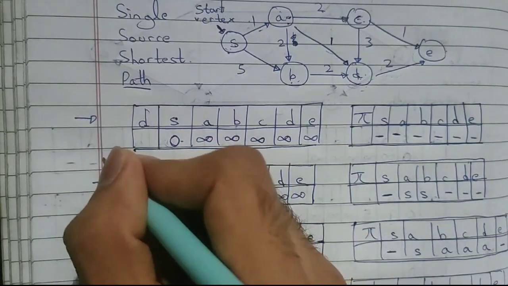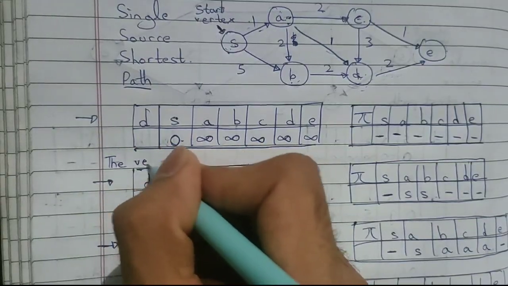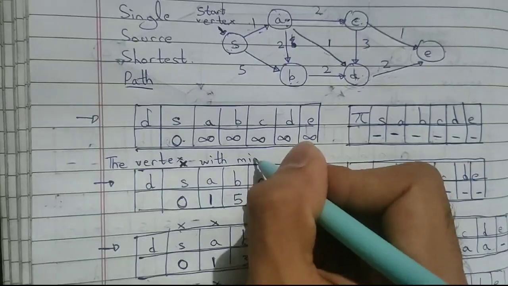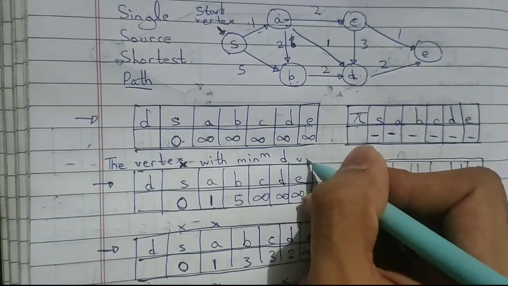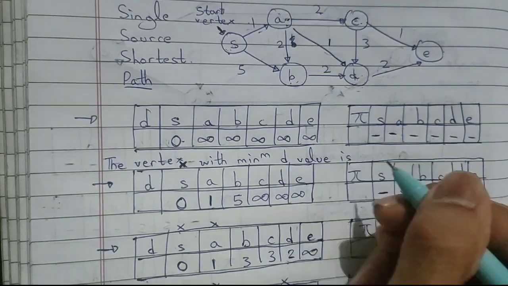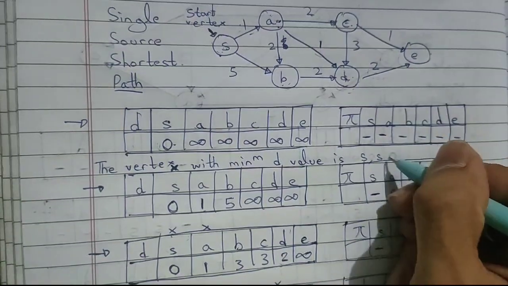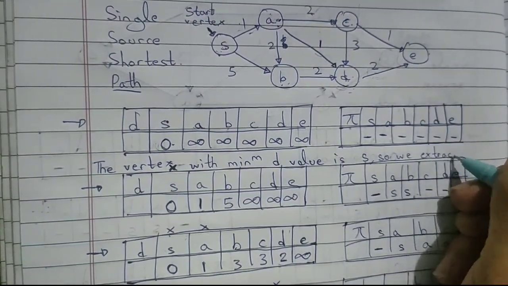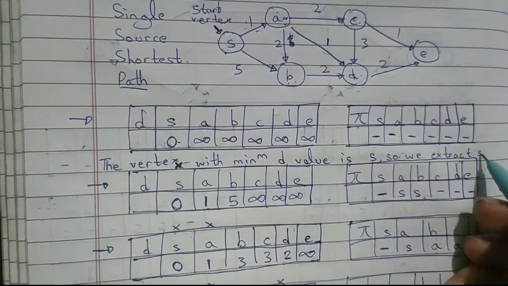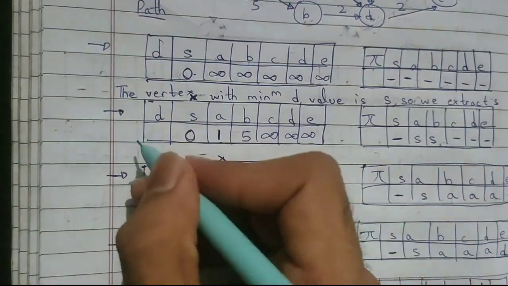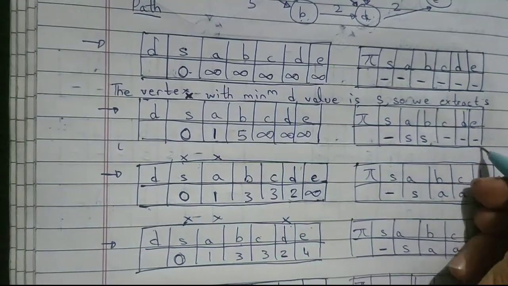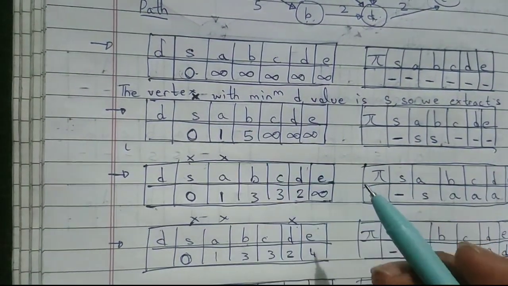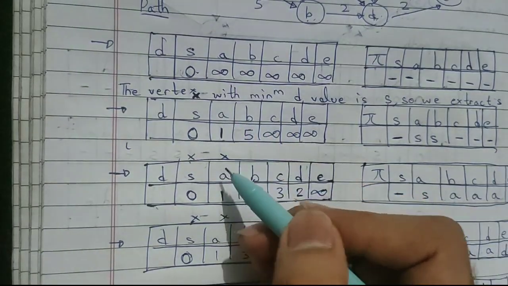S, A, D. Nice. Also, after each step, like we are considering one vertex, no? So we can say this thing. The vertex with minimum D value or distance value is S. So we extract S. In this one we used S, no?